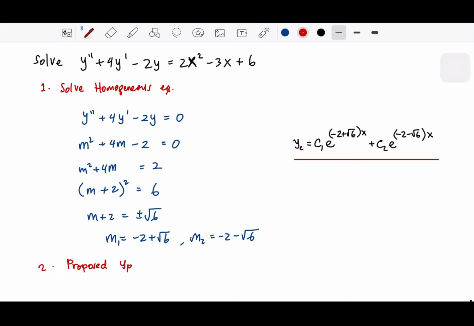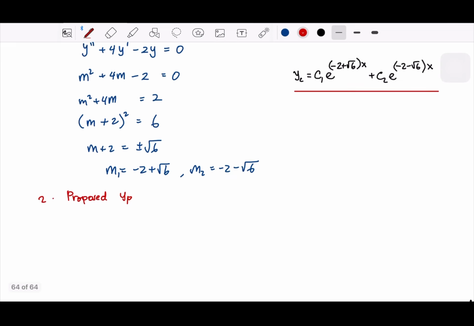So for our proposed yp, we need to look at the right side. Always look at the right side, because we want this differential to be equal to the right side. So we need to assume or predict what kind of form we need to write for yp.